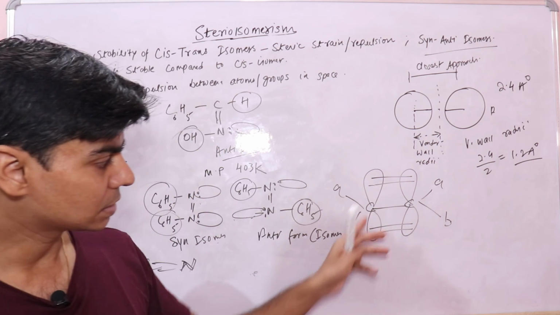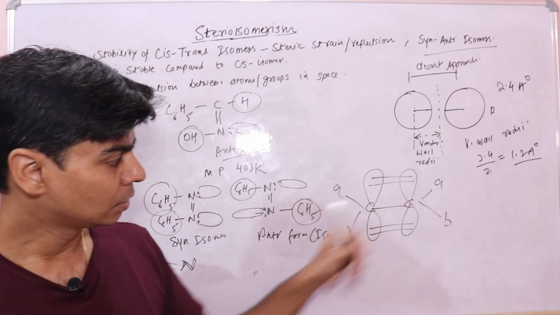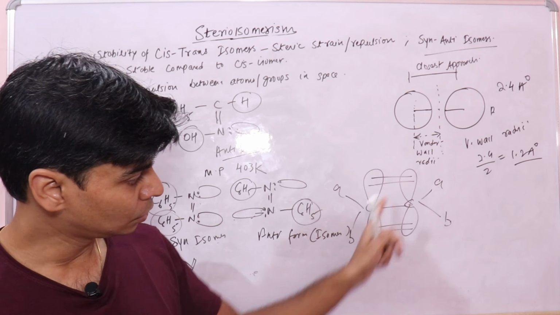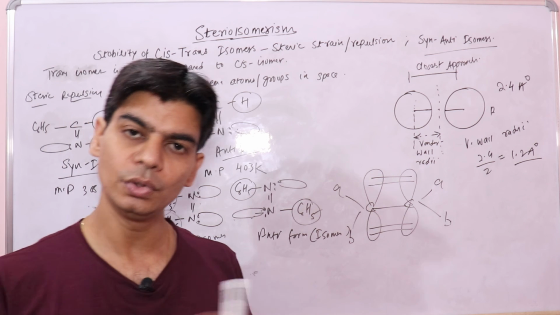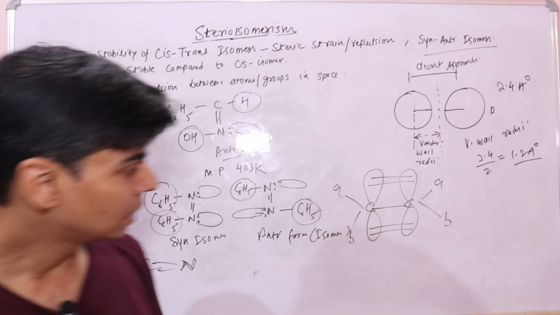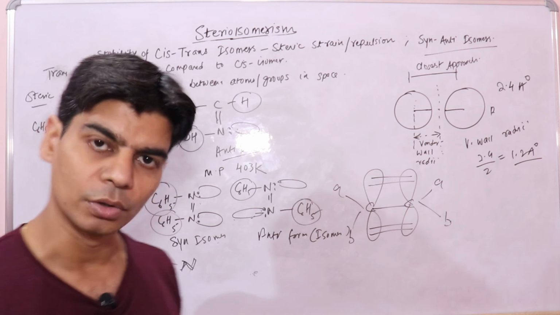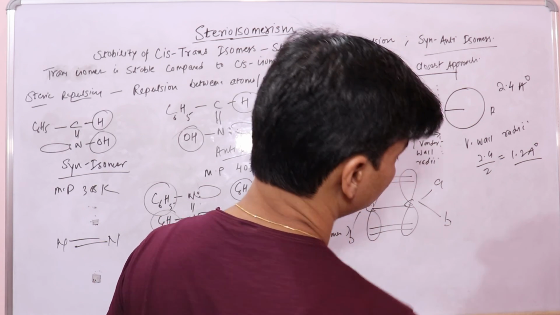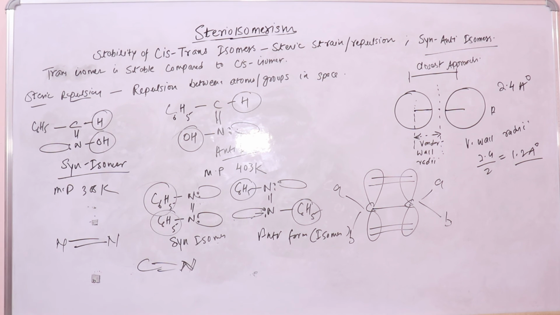But normally we need to give some energy to rotate this. In order to rotate this molecule, you need to give it some energy, right? The energy required to break this pi bond is around some kilojoules.